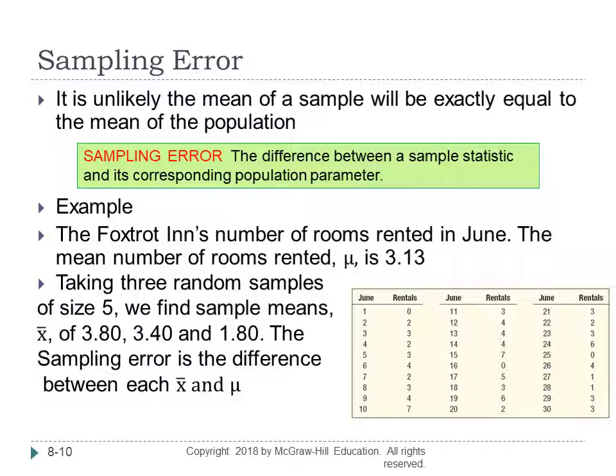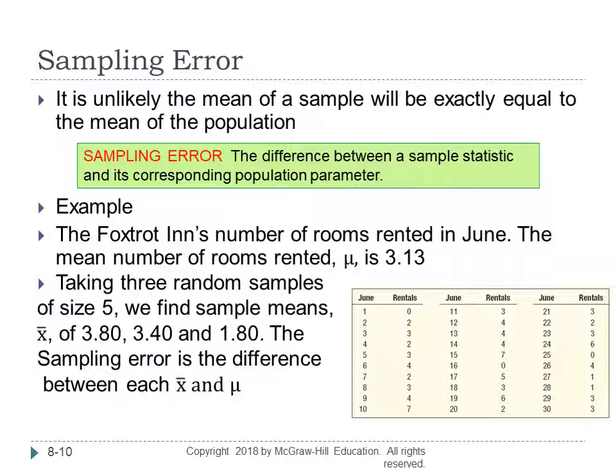Taking 3 random samples of size 5, we find the sample means, of course 3 different samples with 3 different means. For each sample we calculate the mean. We find 3.80, 3.40 and 1.80 for the different samples.